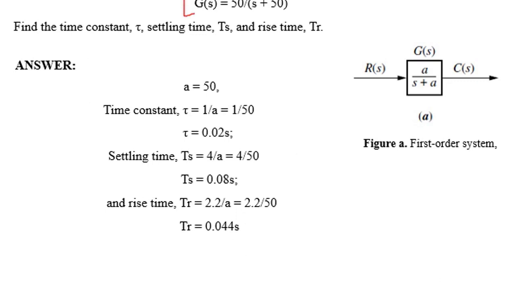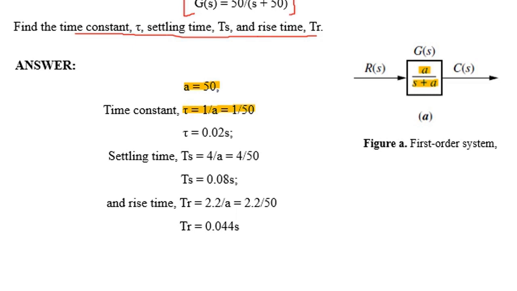Dear students, now in the given example we have a first order system for which we have to find time constant, settling time and rise time. Students, now in the solution, if we compare the given transfer function with the one in figure A, which is a divided by s plus a, we know that a equals 50.